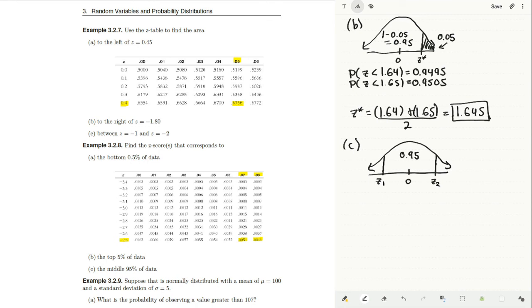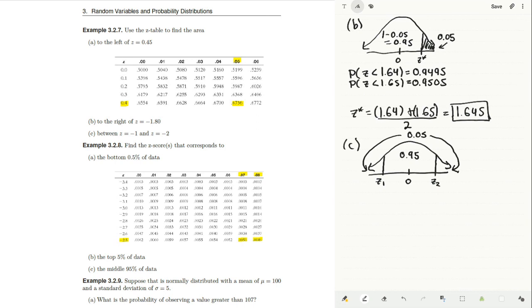Well, in order to find these z-scores, we need to determine the area to the left of them. Now, if the area between z1 and z2 is 0.95, then this means that the remaining 0.05 area are in both of the tails. So the combined area of both of the tails is the remaining 0.05. And by symmetry, each of the tails will have half of this area.